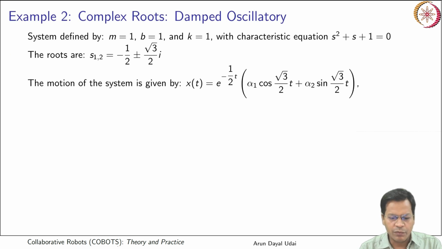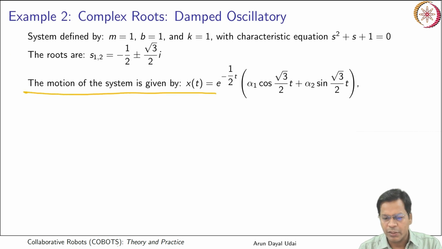The motion of the system will be given as x of t, which is r e to the power lambda t. Here r is 1, so e to the power lambda t, where lambda was minus 1 by 2, and plus minus mu t, so alpha 1 cos mu t plus alpha 2 sin mu t.